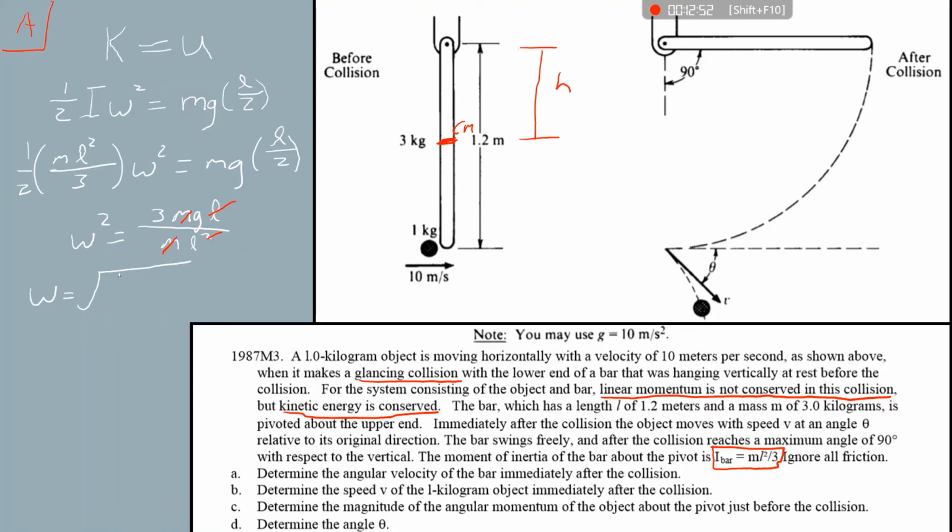Okay, now I can substitute. So my omega is equal to root 30, since we can use g as 10, we were given that in the problem, over 0.6. Okay, now I'm going to assume we do not have a calculator because this is 1987. So I have omega is root 30 divided by 6 over 10, or 30 times 10 over 6.